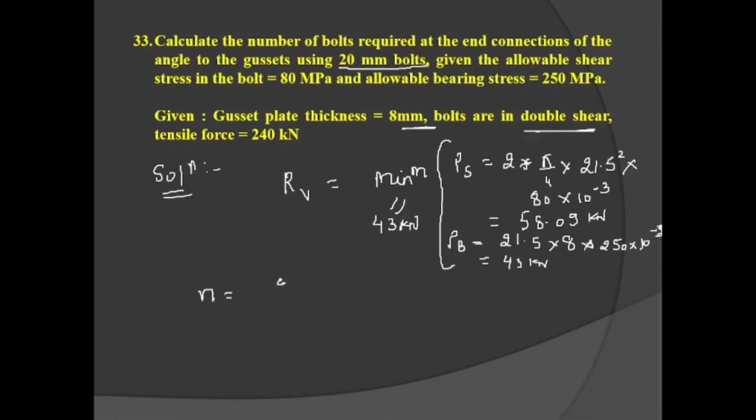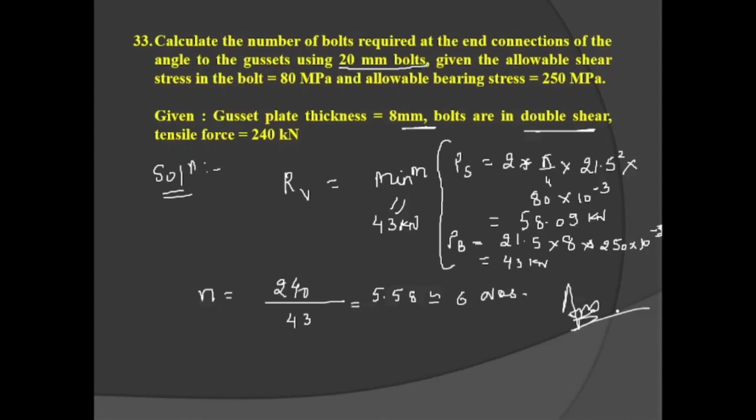Now since moment is not given, the number of rivets is determined just for force. Applied force is 240 kilonewton and force resisted by one rivet is equal to 43 kilonewton. That is equal to 5.58, nearly equal to 6 numbers. So this is our final answer: 6 rivets are there.